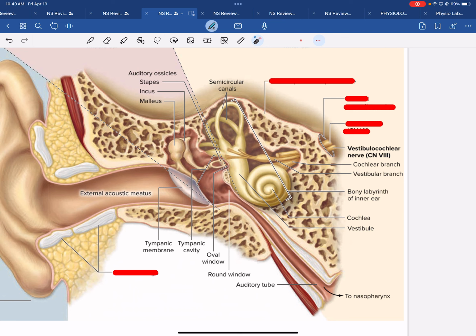I think I would say be specific. Probably be specific, and then they'd say, what's this general structure? If it's a general structure, it'd be the bony labyrinth, and if it's what's this specific structure, it'd probably be the semicircular canals. Okay, good.